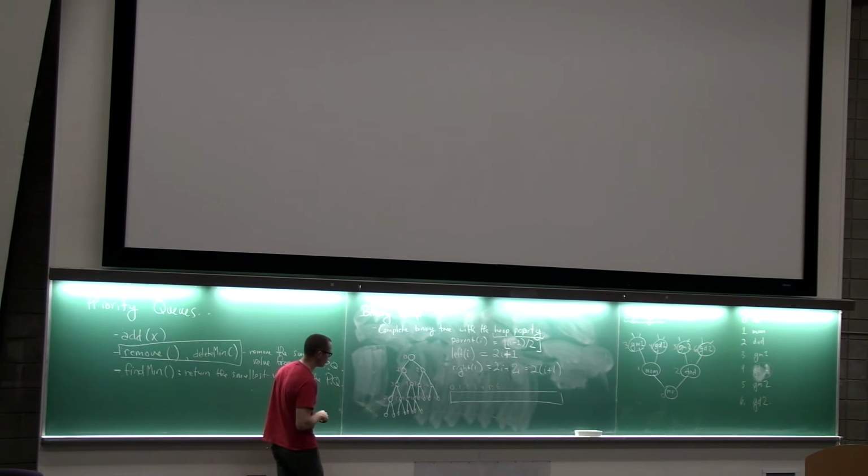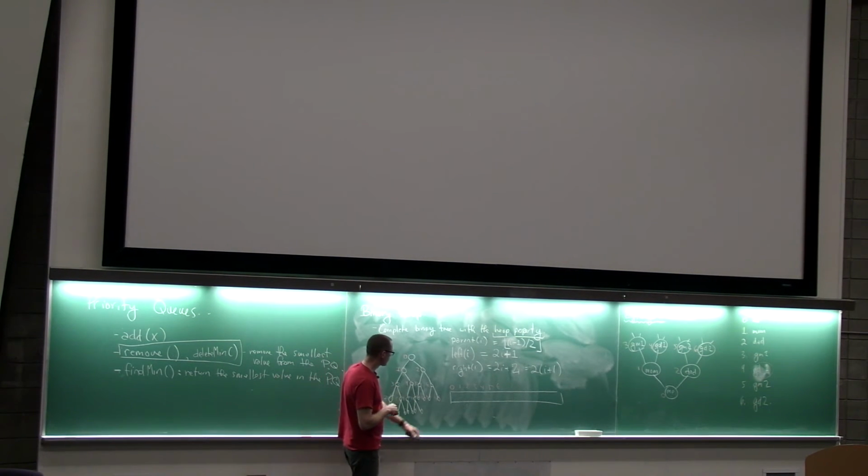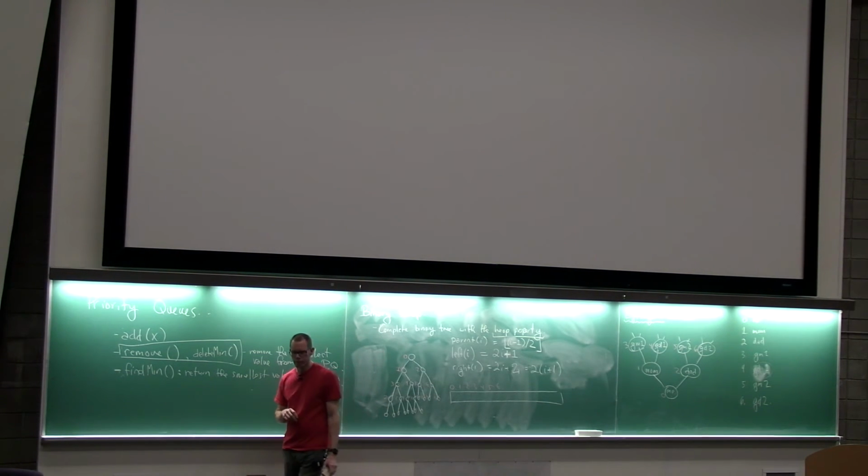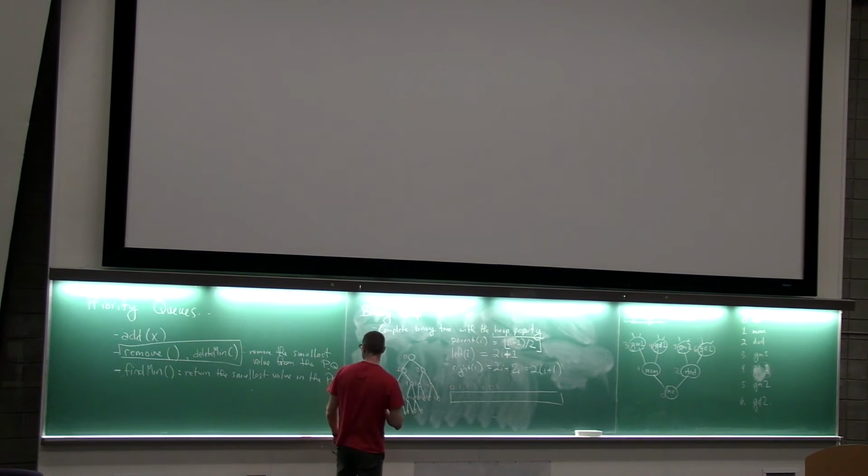And you can check that for, let's try 14. So we get 13 divided by 2 is 6.5, and take the floor, you get 6. That's the formula for these things. Okay?